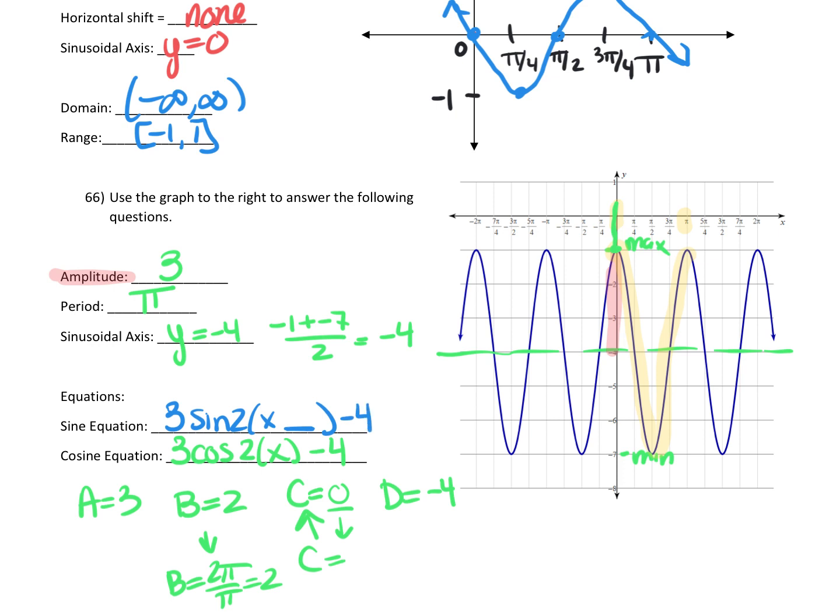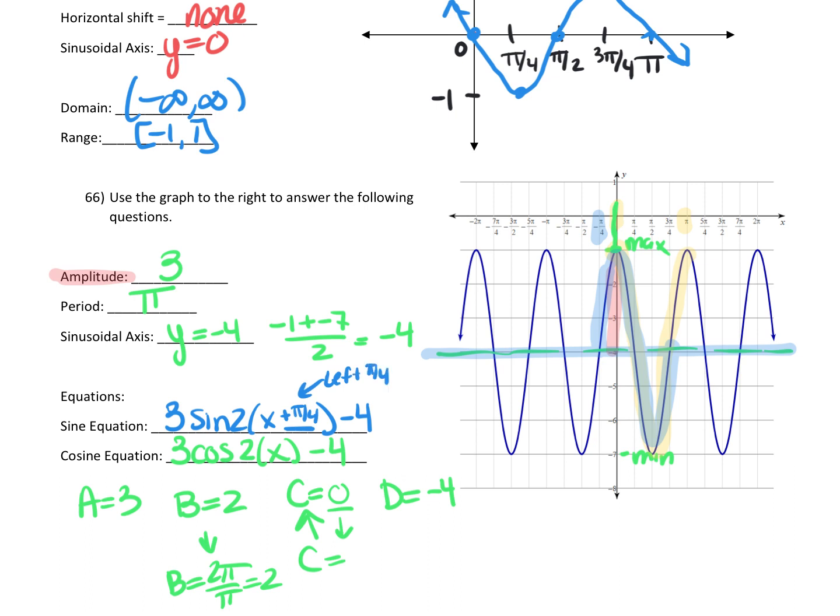So since my sine starts in the middle, I want to pick somewhere that's going to start along my sinusoidal axis, and if I don't want a reflection, it needs to go up first. So I'm going to pick that to start here at -pi/4. So that means I'm going to put plus pi/4 here because that represents that left pi/4.